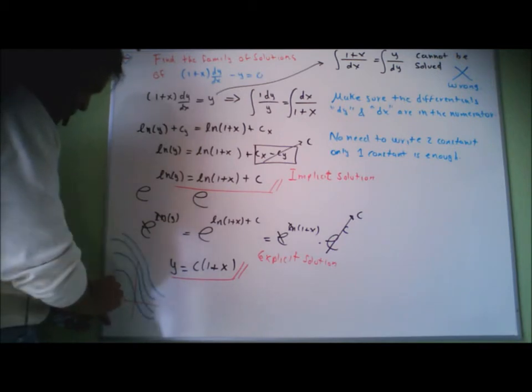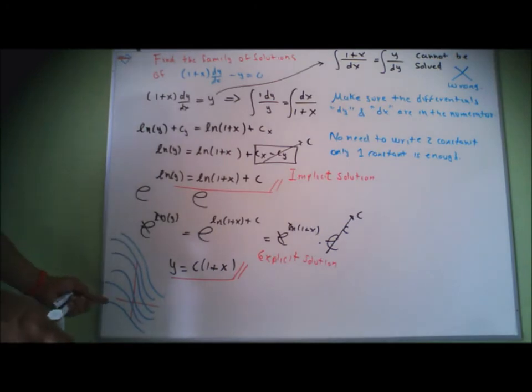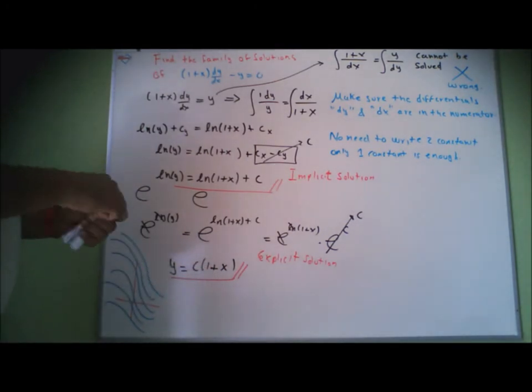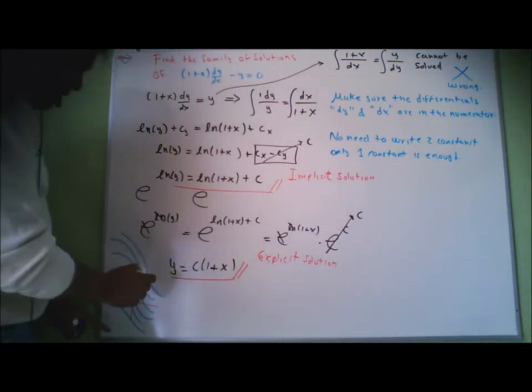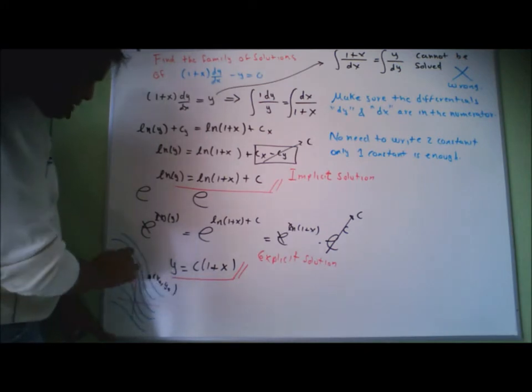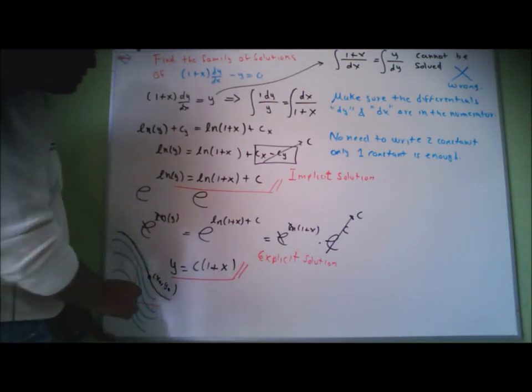I'm just drawing a pattern of solutions. It doesn't mean they are like this. If you are given an initial condition, it means that you are given a point x0, y0, and they are asking you to get this solution out of the family of solutions.